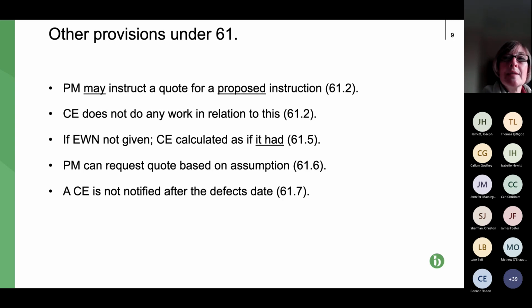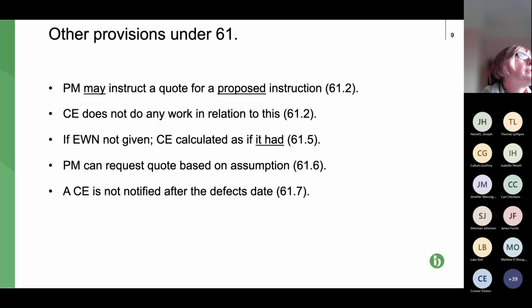It cannot just say, well, I'm not doing this work until we've agreed the sum, unless the instruction is for a quote for a proposed instruction. That's the exception. That work doesn't get done until the PM instructs it to be done. A proposed instruction isn't an instruction to do work.